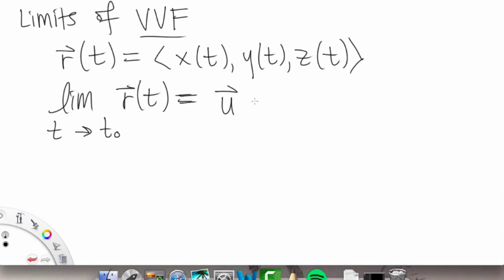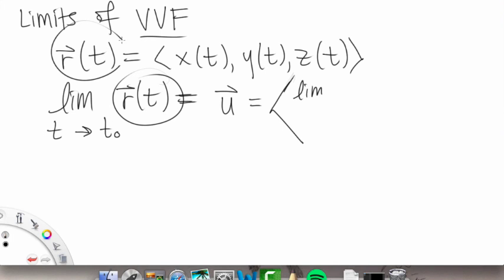Another way to look at this u is component-wise. When you take the limit of a vector-valued function r of t, you're taking the limit of the left side, so that means you're taking the limits of the right side as well.